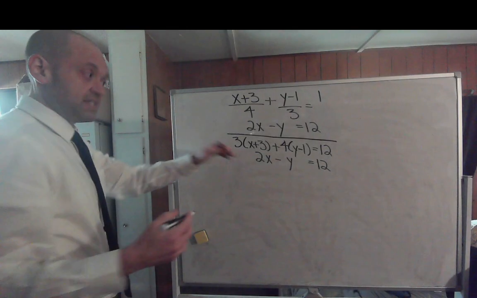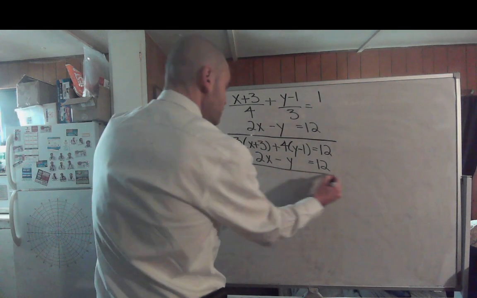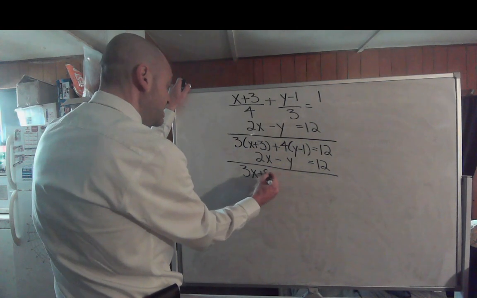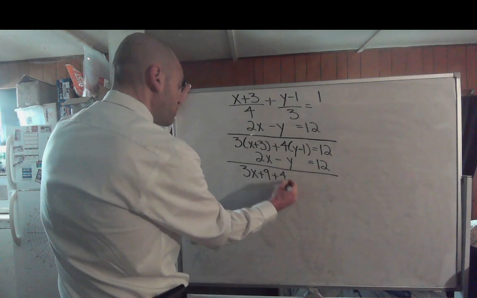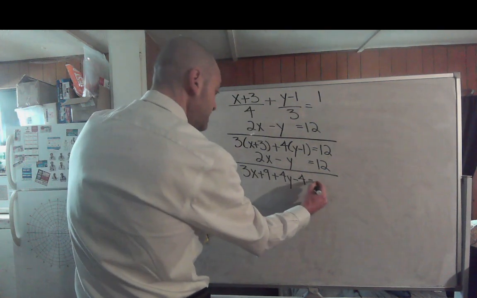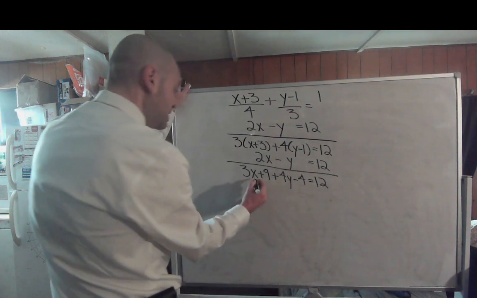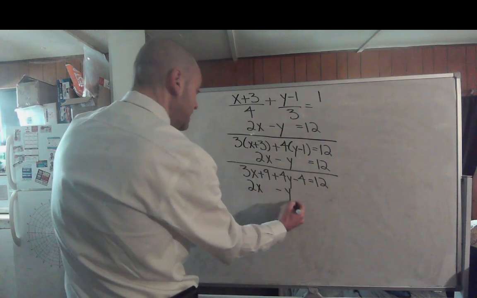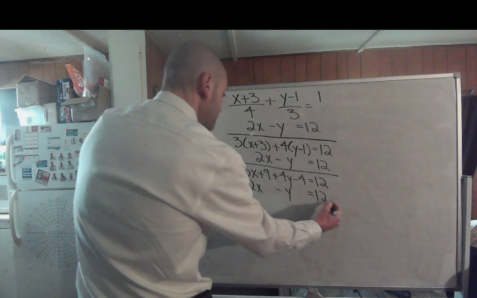Now, of course, let's simplify this first equation. You would have 3x plus 9 plus 4y minus 4 is equal to 12. And then you would just have 2x minus y equals 12.